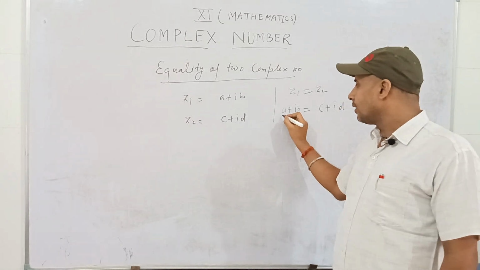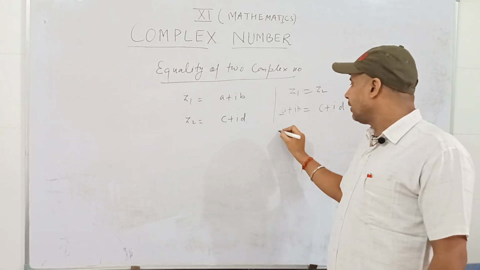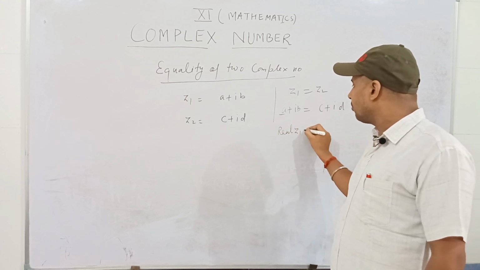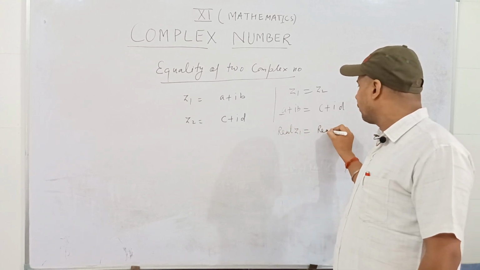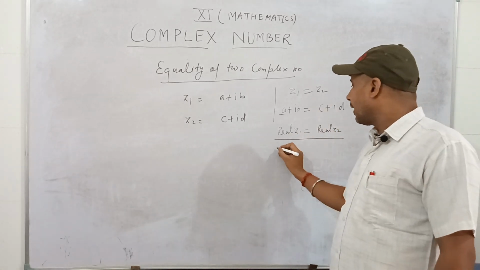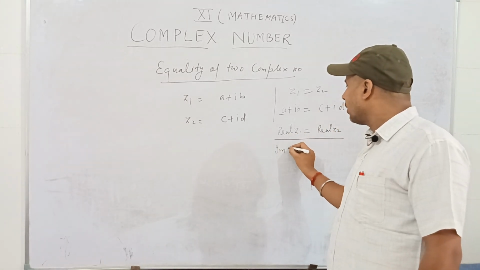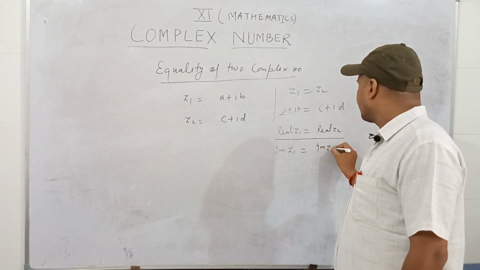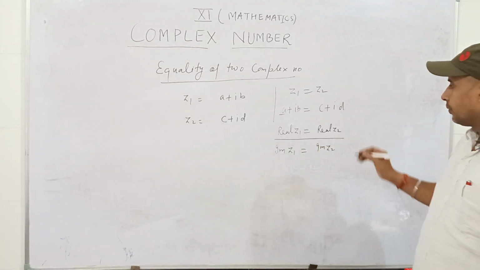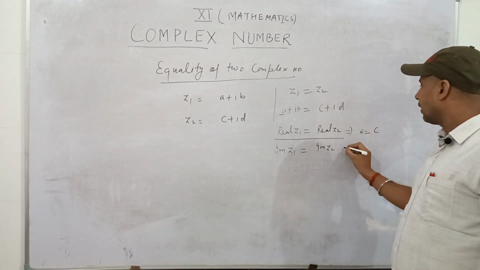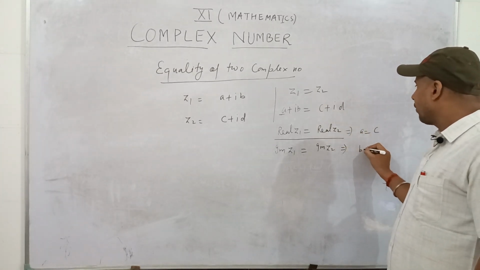We can say real of Z1 must be equal to real of Z2. This is the rule. And imaginary of Z1 must be equal to imaginary of Z2. Here we can say a equals c, and here we can say b equals d.